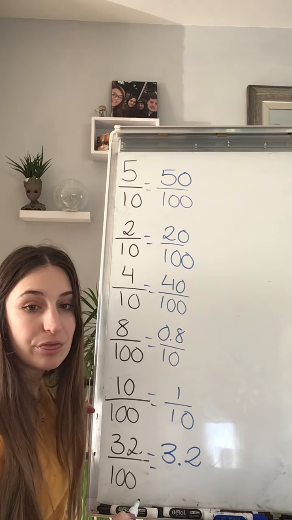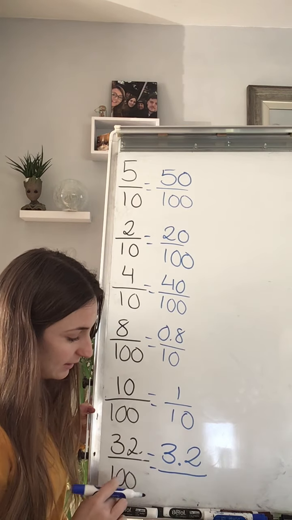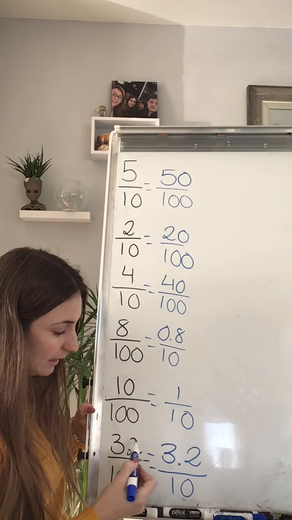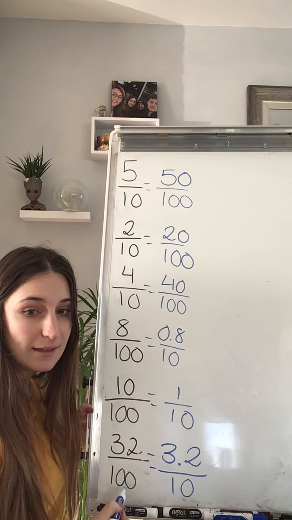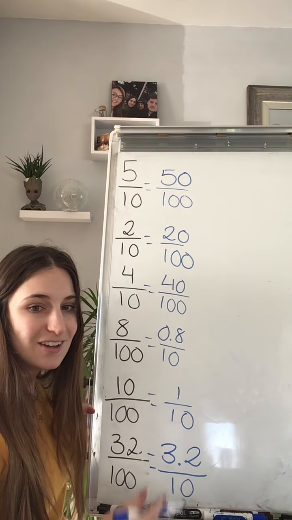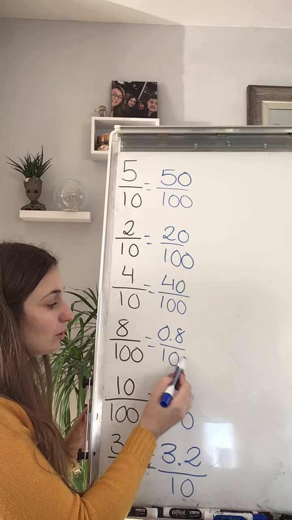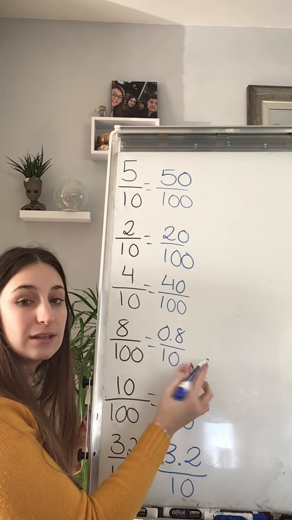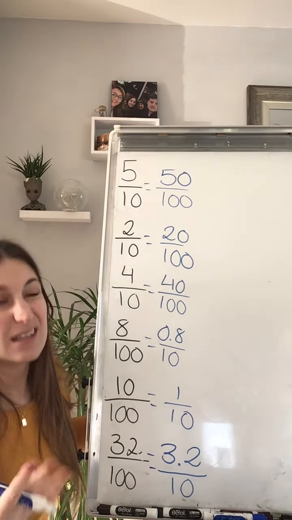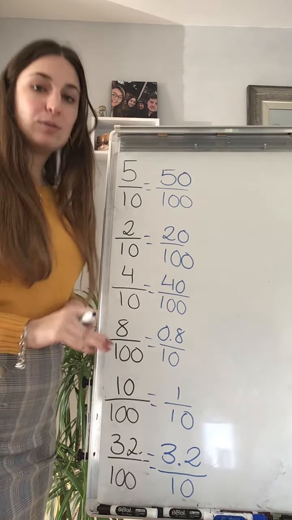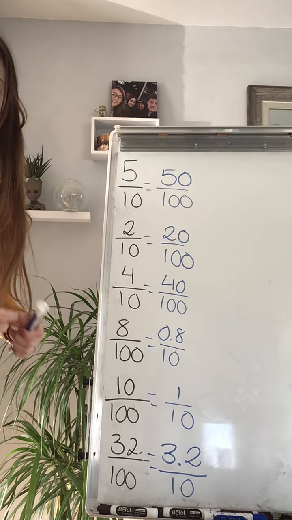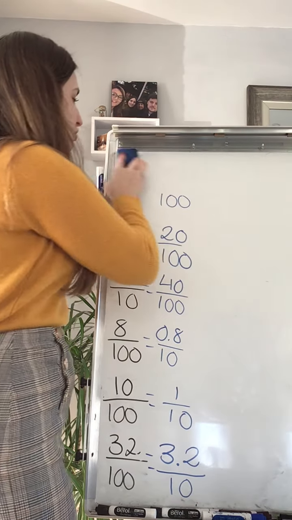So I will get 3.2 tenths. I've divided my numerator by 10 and my denominator by 10. Okay, so that should be the work that you have. And remember that your tenths or hundredths are the denominator, and that was the problem, wasn't it? Okie dokie.